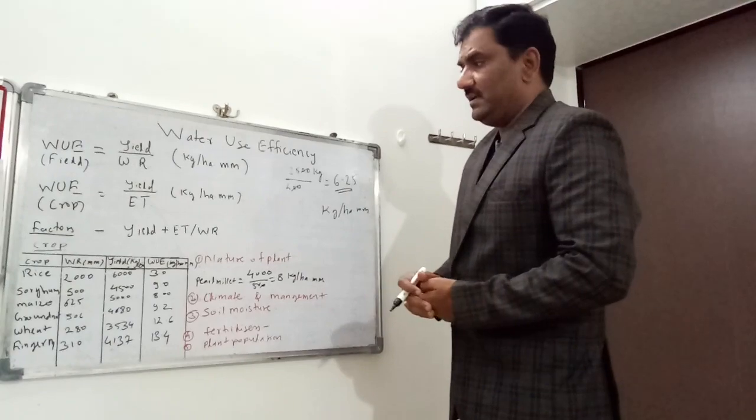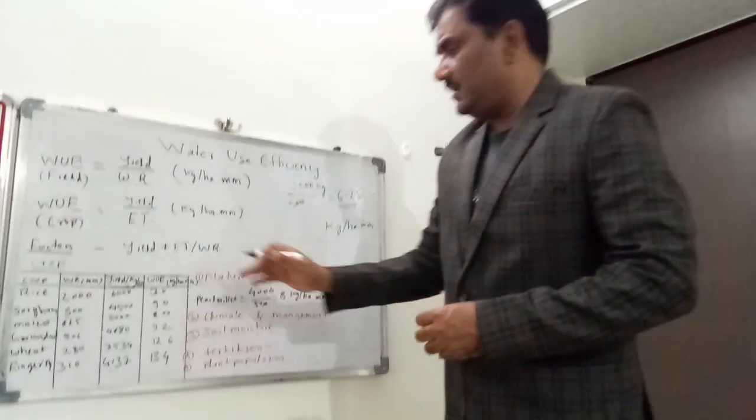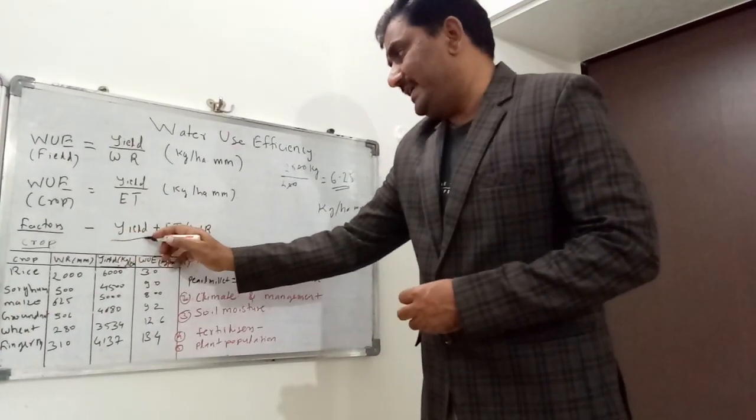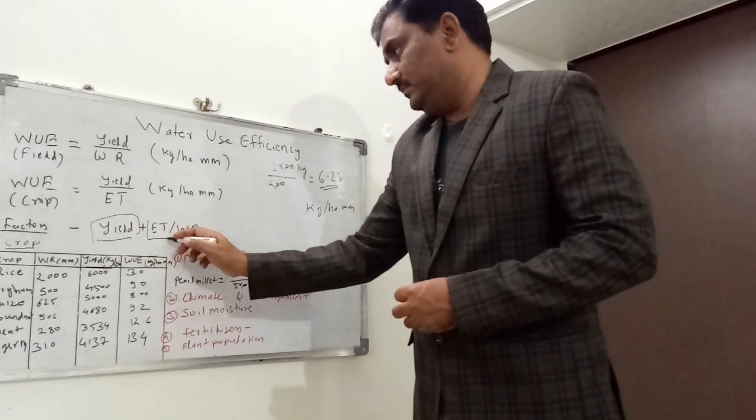Now, if we see the different factors affecting water efficiency, it is very clear that there are two factors. One is those influencing yield, that is the crop. Another is evapotranspiration.